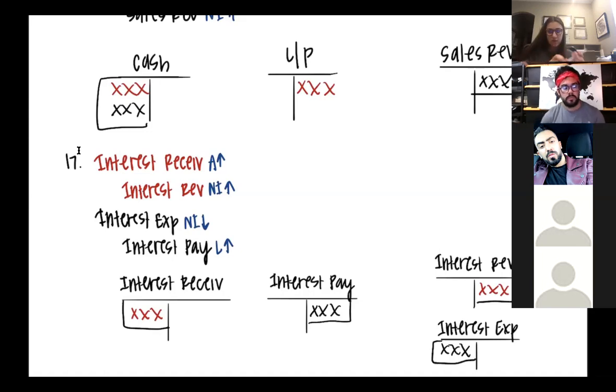What's the answer, guys? They overstated their assets. Okay. And then they understated their liabilities. Good. And the last part, I don't know.